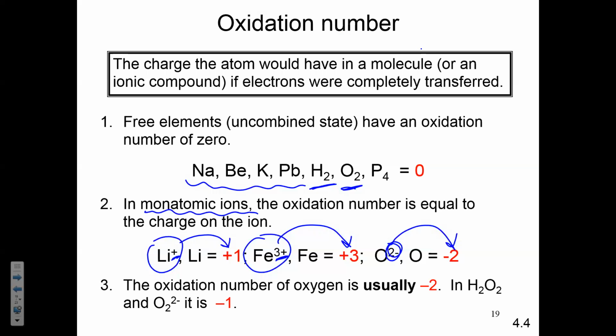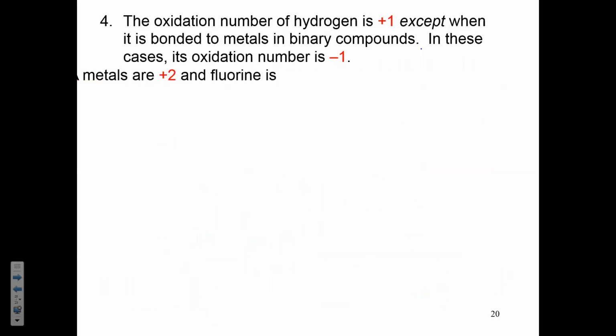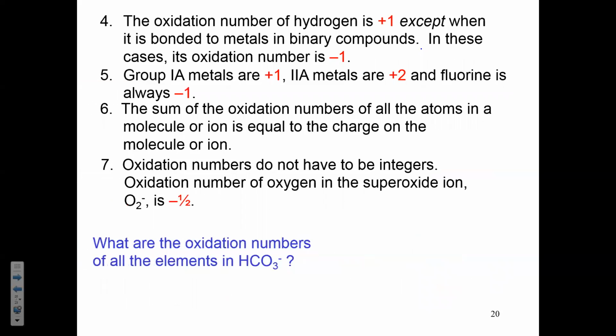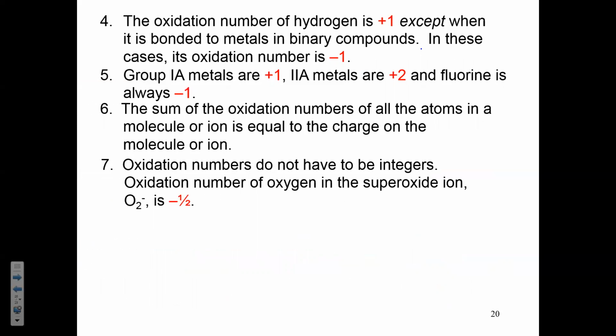Now, oxygen also gets its own special charge. It's always going to be a -2, except for in one circumstance, which is H2O2, in which case it's a -1. So oxygen is just always given an oxidation number of -2. Lots of rules, gotta love them.